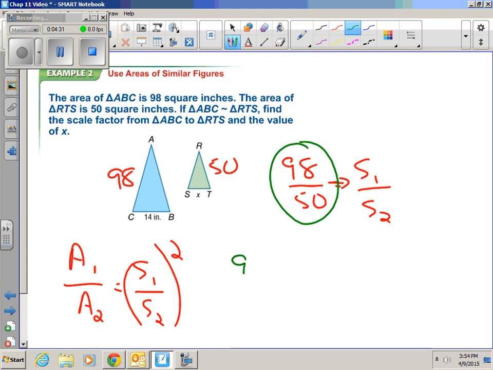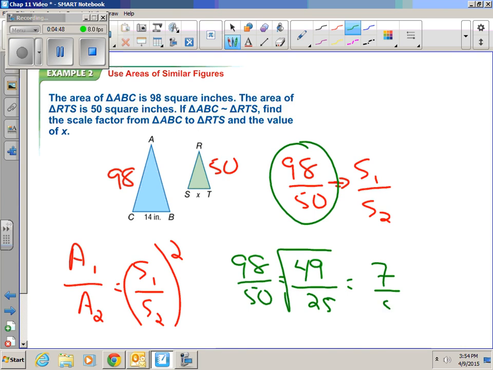Well, 98 over 50 is equal to 49 to 25. That's the ratio of their areas in simplest form. If I take the square root of that, the ratio of their sides is going to be 7 to 5. Therefore, the ratio of their sides is 7 to 5, and that answers our first question.